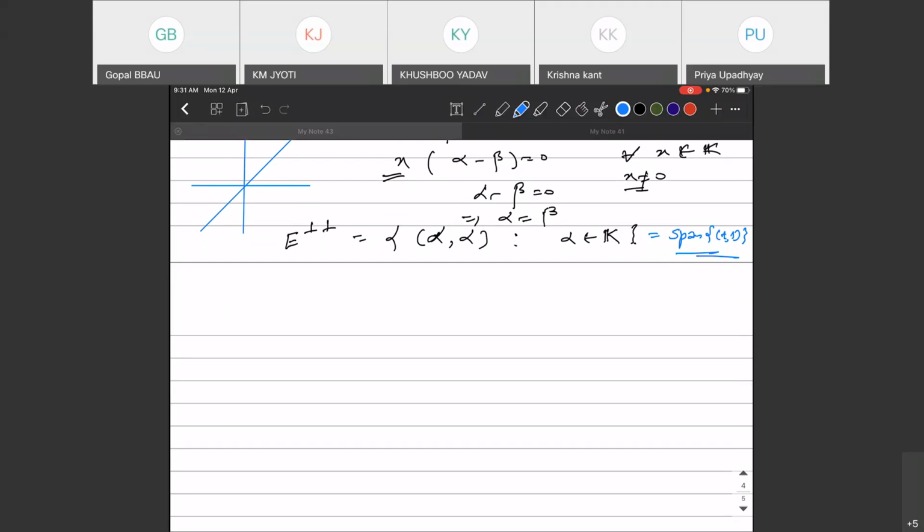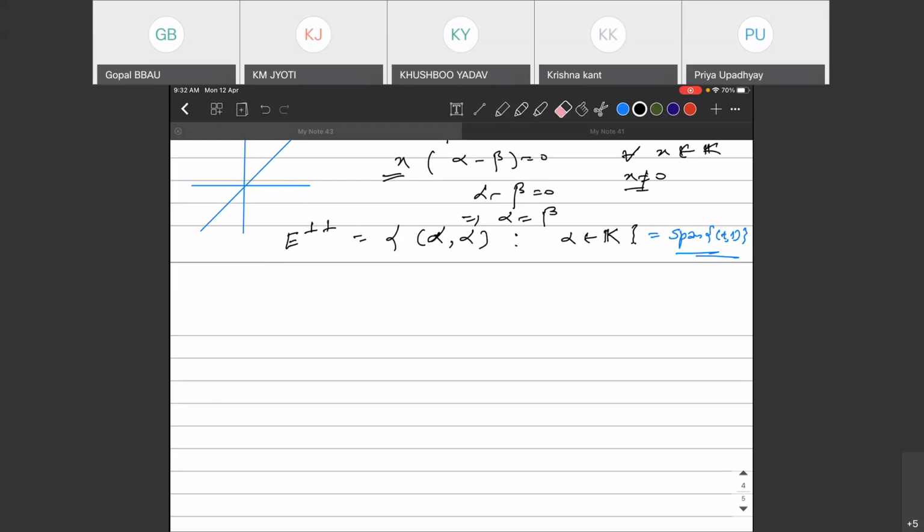Okay, so let's see a result. This was about the orthogonal thing.